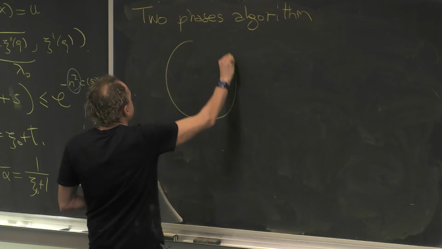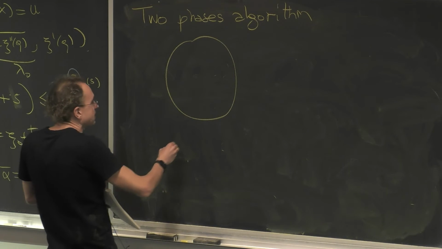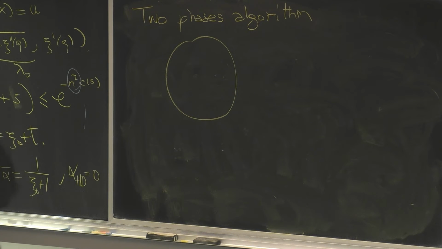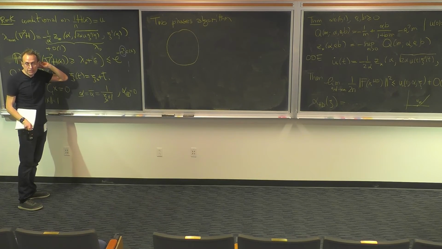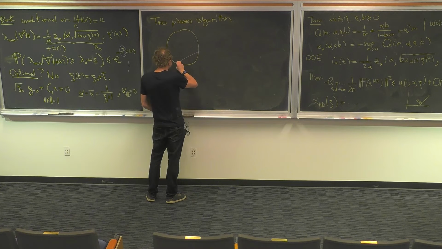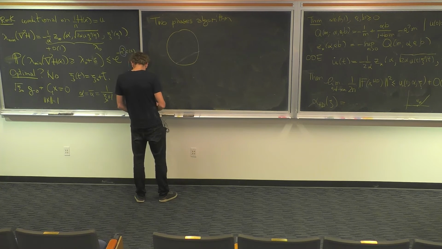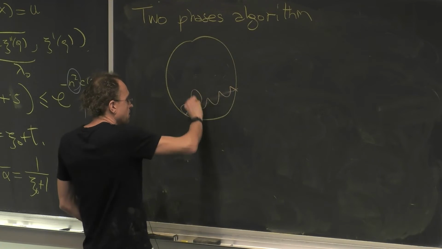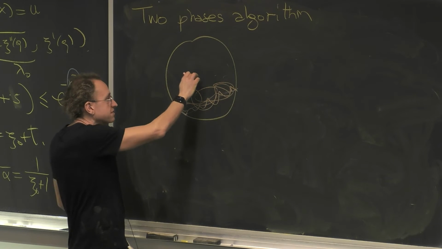Okay, so let me just draw a picture. If you have this linear part, this is an extreme case, but in general, every time that you have a linear part, the algorithm that I described is not optimal. So the idea is that the set of solutions, in this case, is mostly concentrated around a certain band that is not the center.